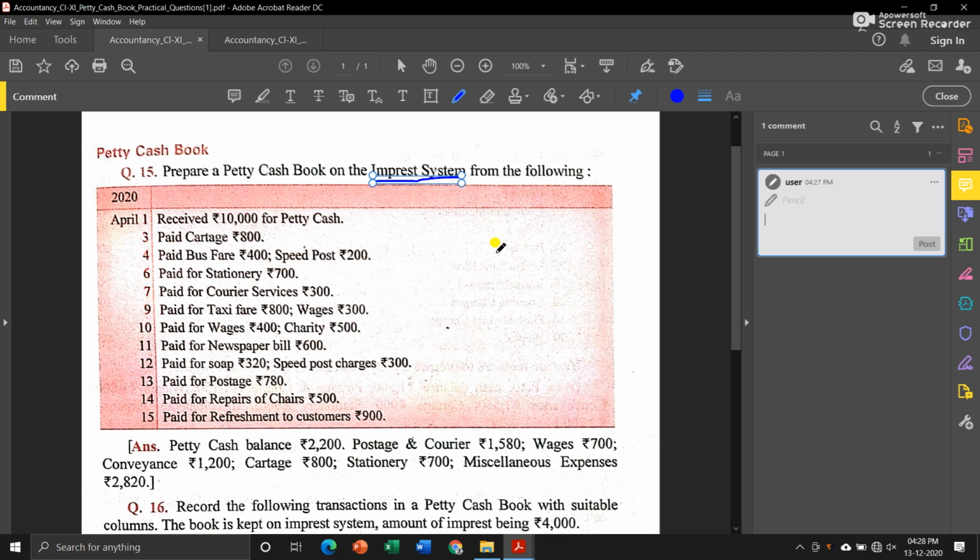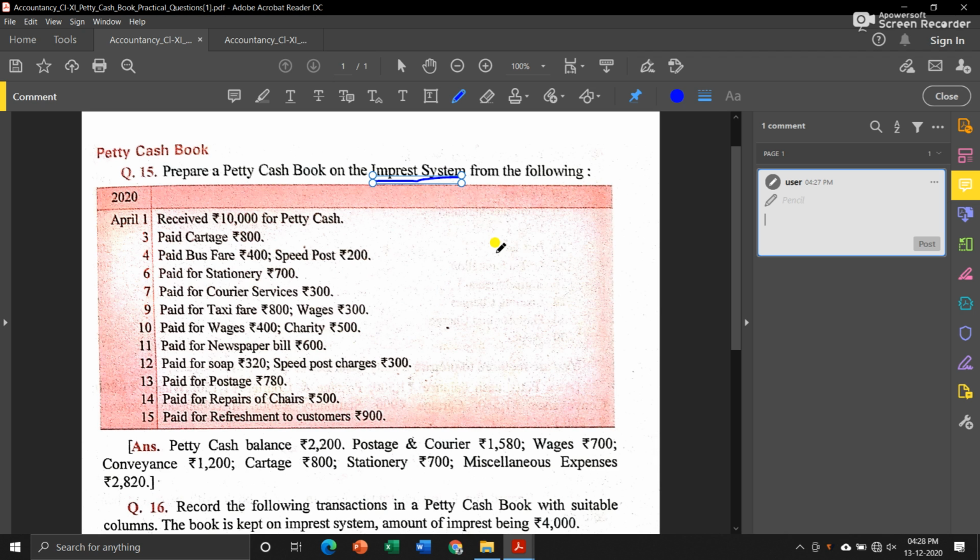Every month he will give 2000 to the petty cashier for spending on small expenses. If in a particular month 1900 out of 2000 was spent, the remaining 100 will be kept as balance brought down for next month, and to make up 2000, the remaining 1900 will again be given to the petty cashier by the head cashier. That is known as the Imprest system.